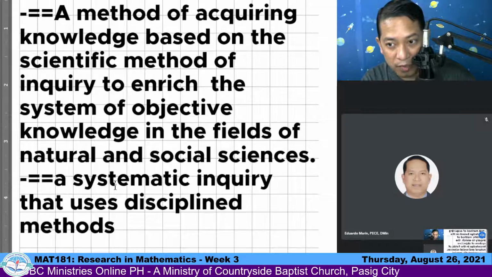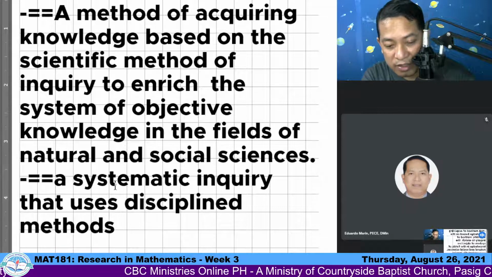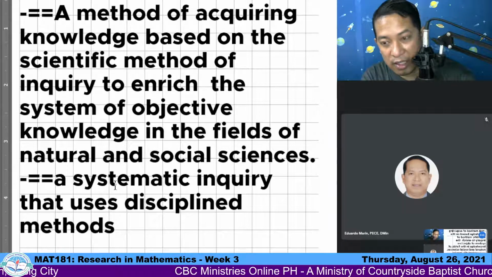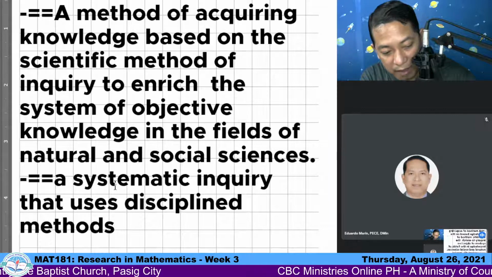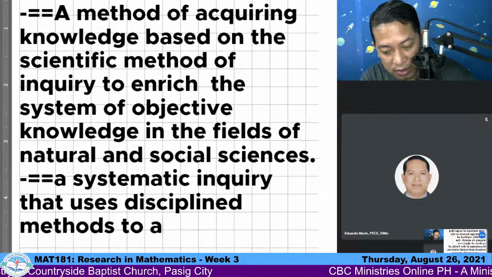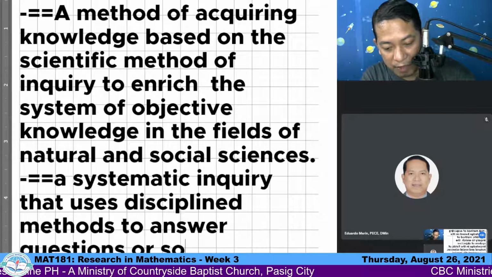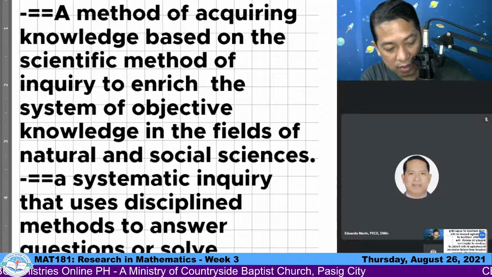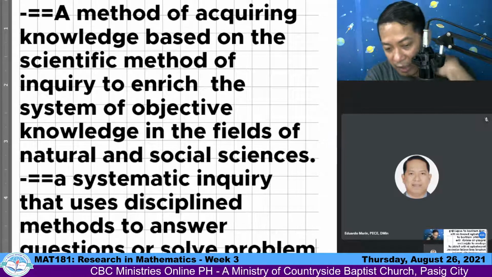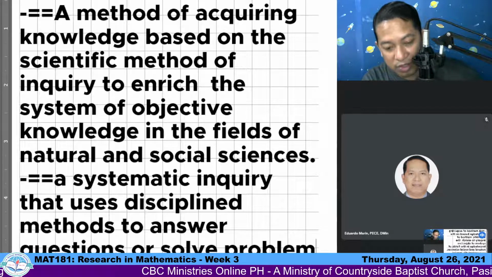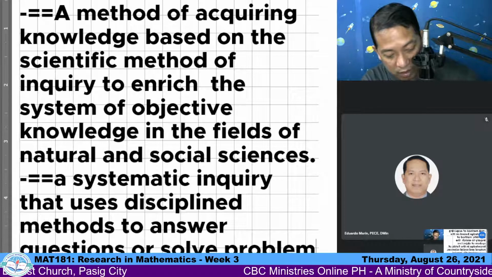For our case, we are clustered into natural and social sciences. Some may be clustered to engineering, and etc., depending on your discipline. These disciplined methods answer questions or solve problems. So that's the purpose of a research, to answer questions and to become solutions to the problem.